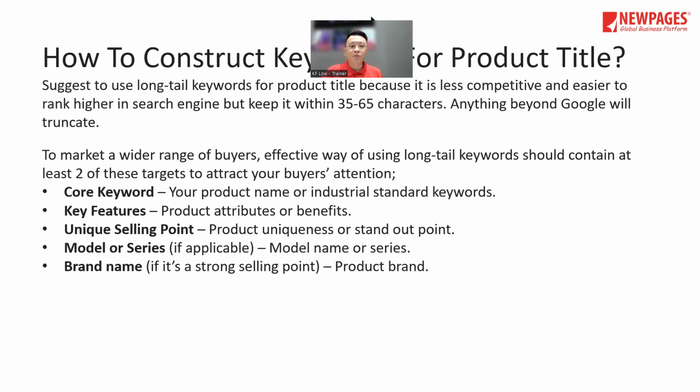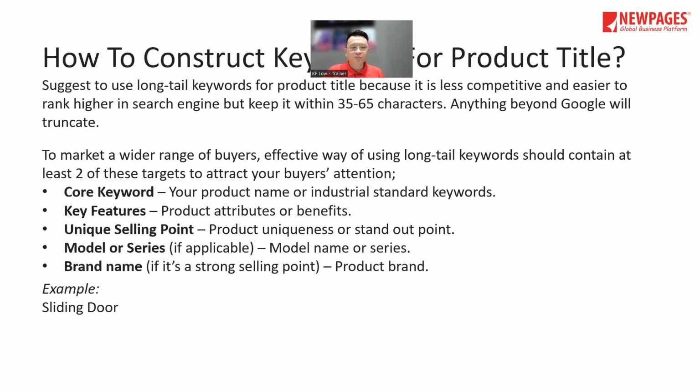Brand name: if your brand is a strong selling point, like Nike or Adidas, then you can include it, or if you want to build your branding, no harm, you can put it also. But don't add everything into it. Just choose a minimum of at least two of these. So I'll just give you an example. Let's say I'm selling a sliding door.